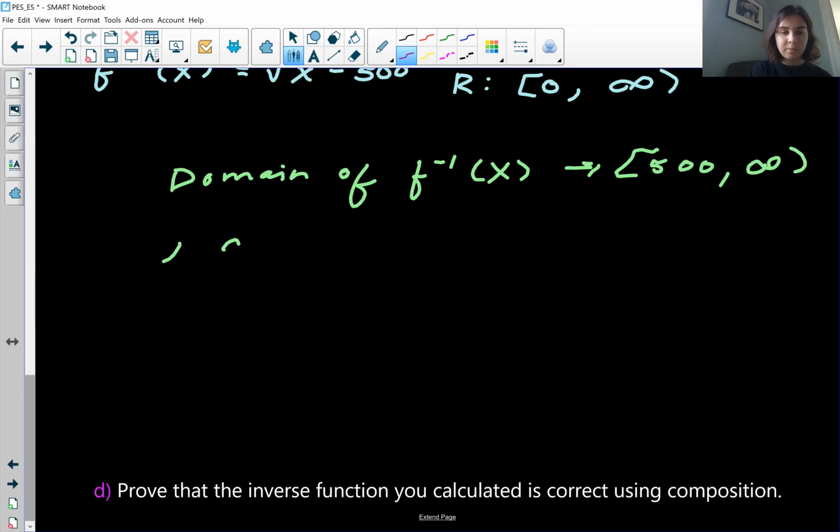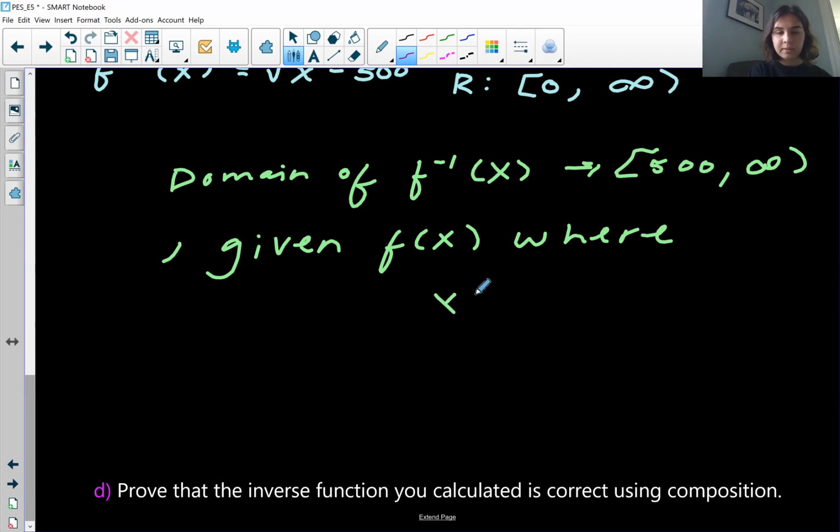And then I'm going to do comma, given f of x where x is greater than or equal to 0. Because it's not a true inverse unless we have that flipping of domain and range.